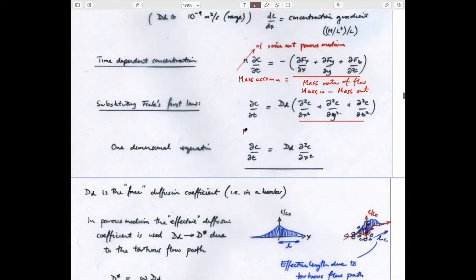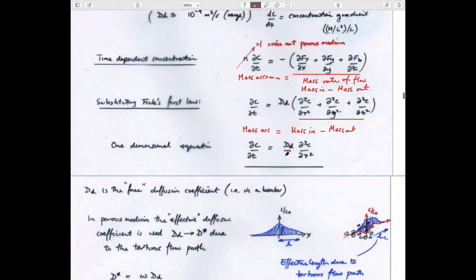So this again is mass accumulation equal to mass in minus mass out. And it's controlled by this term.